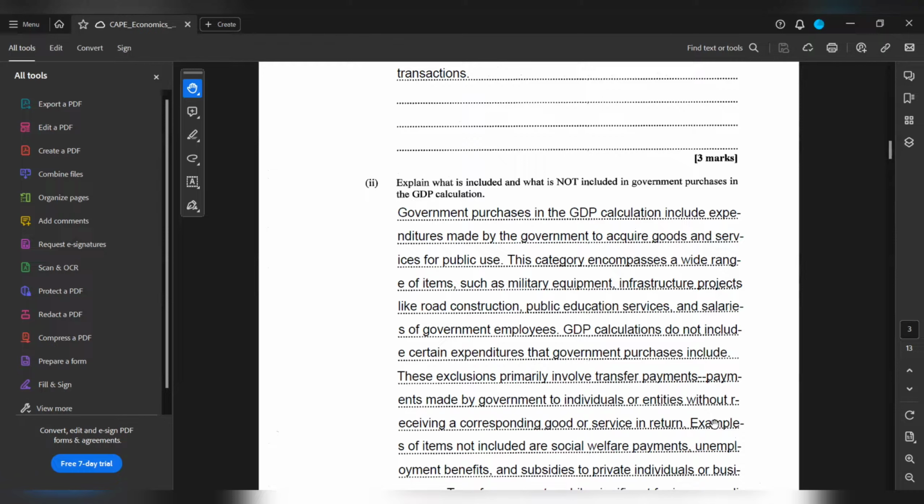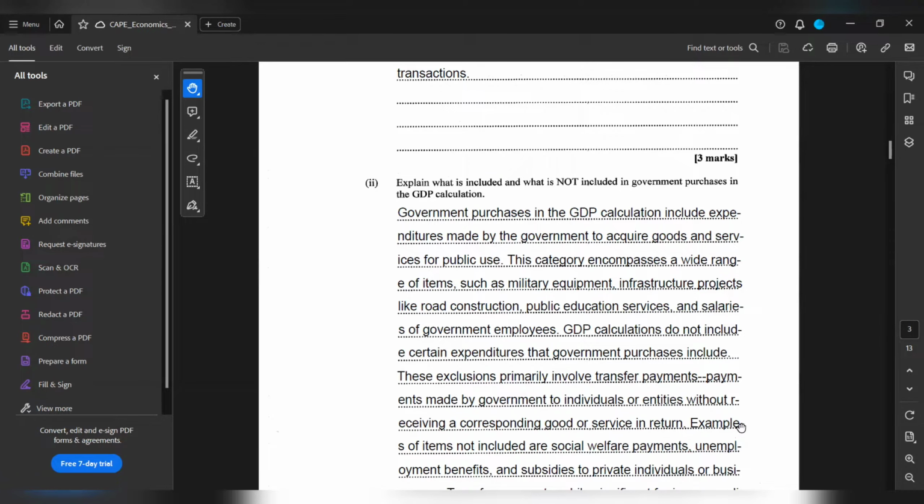GDP calculations do not include certain expenditures that government purchases include. These exclusions primarily involve transfer payments, payments made by the government to individuals or entities without receiving a corresponding good or service in return.